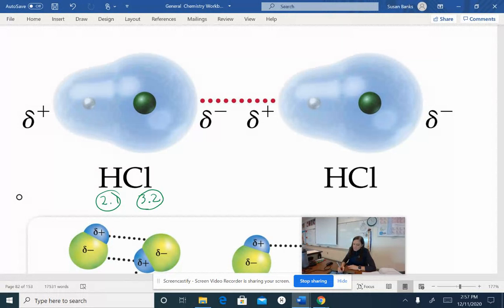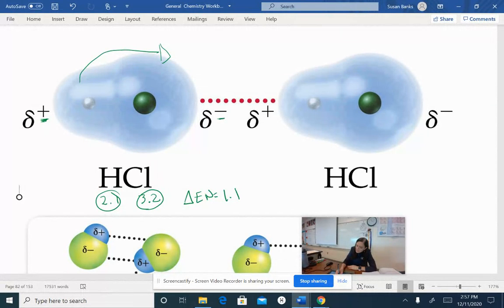So this gives me a difference of about 1.1. Hydrogen is not nearly as electronegative as chlorine. So hydrogen gets a partial positive charge because the electron from hydrogen is mostly drawn towards that chlorine.